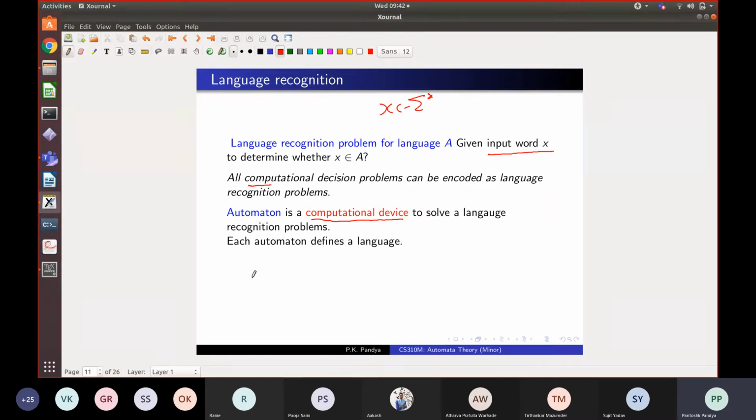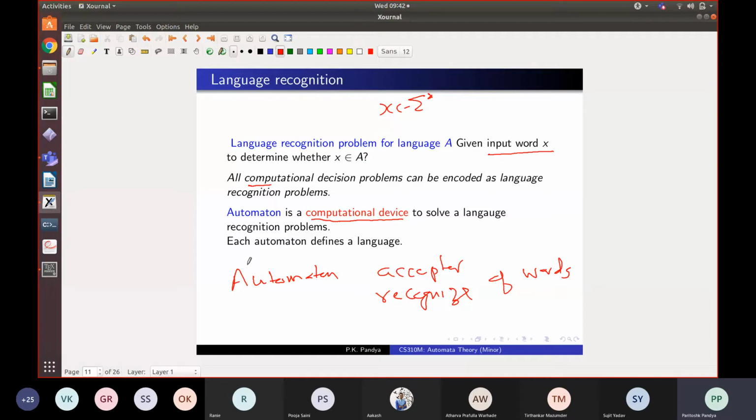So automata are acceptors of words, right? Automaton is an acceptor or recognizer of words. Those are the kind of devices they are. And all the words which are accepted by the automaton are said to be in its language.